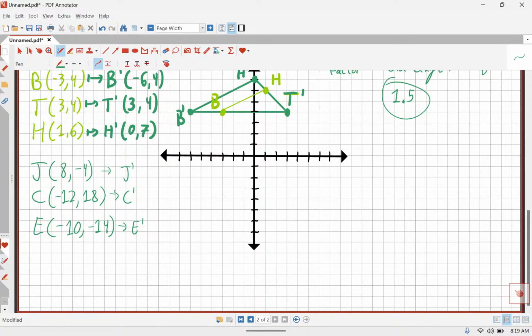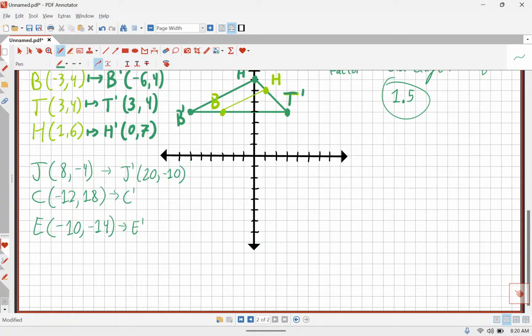I'm just going to tell you where JCE prime is. You don't have to worry about graphing it. J prime is at 20 comma negative 10.